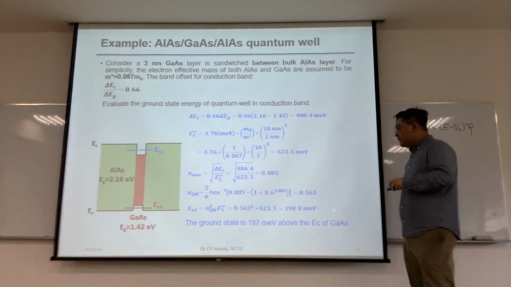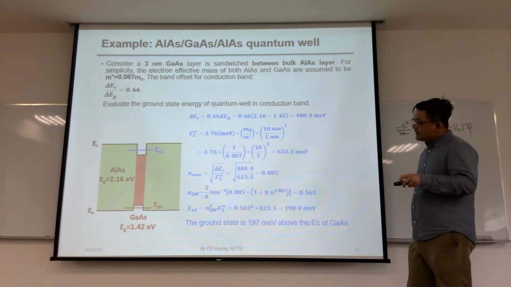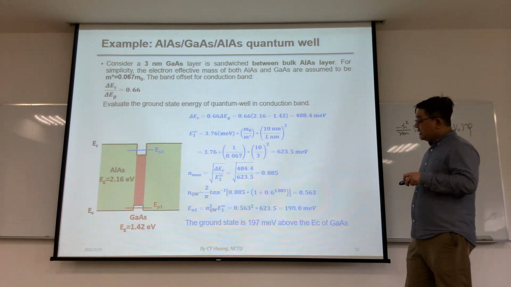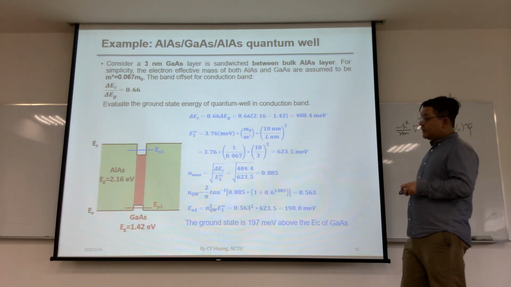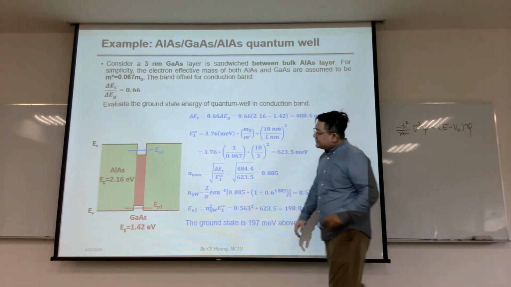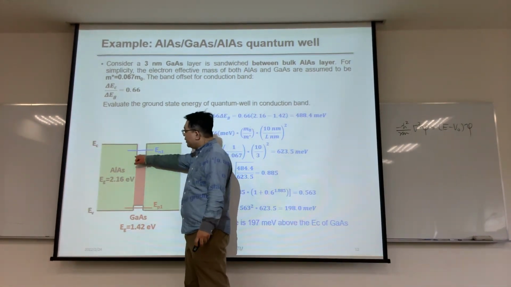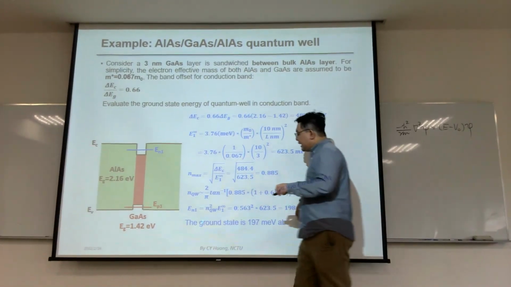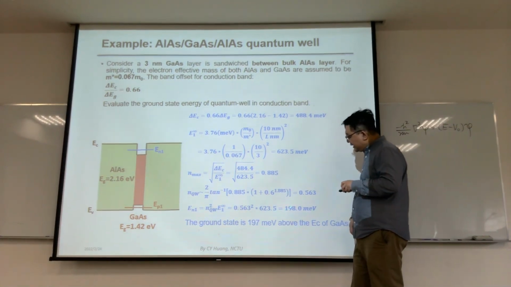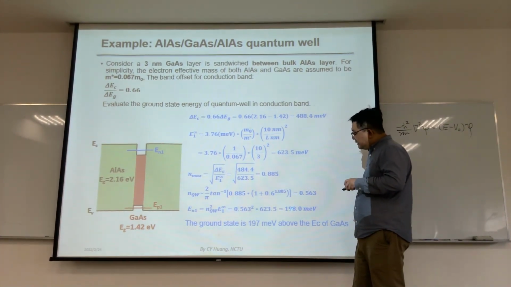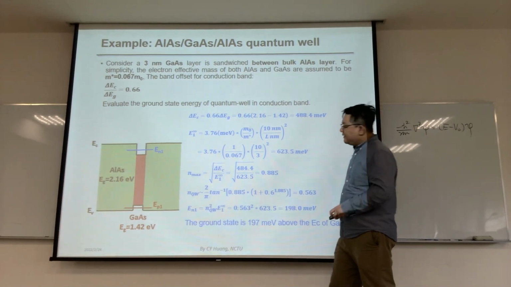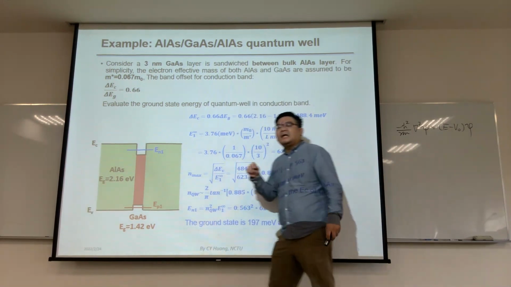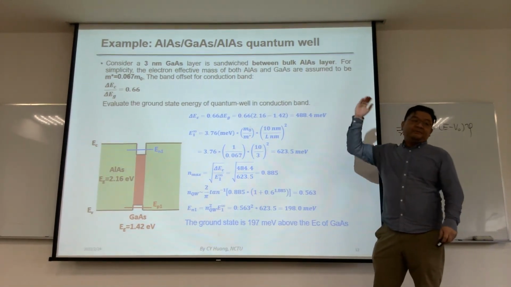After calculation, we find that the ground state En1 is 198 meV. Because in the infinite quantum well we already assume this is the 0, this level is 198 millielectron volts above the band edge.